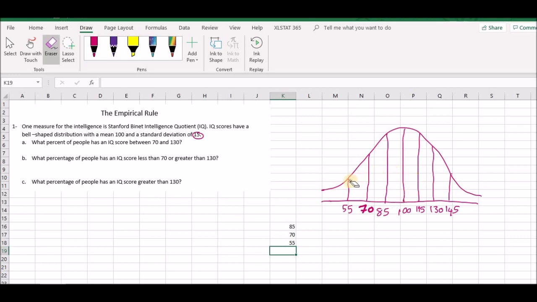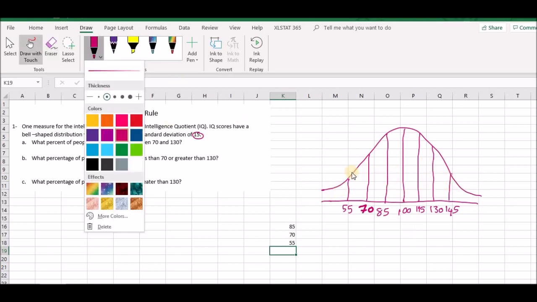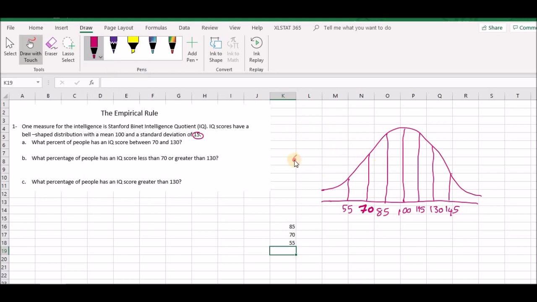Now let's put the percentages inside. Remember that the empirical rule goes 68%, 95%, 99.7%. Within one standard deviation of the mean we have 68% of the data, 95% of the data lies within 2 standard deviations of the mean, and 99.7% of the data is within 3 standard deviations of the mean.